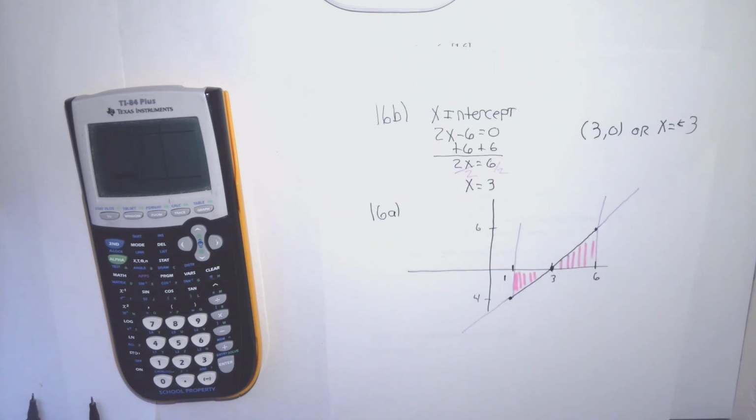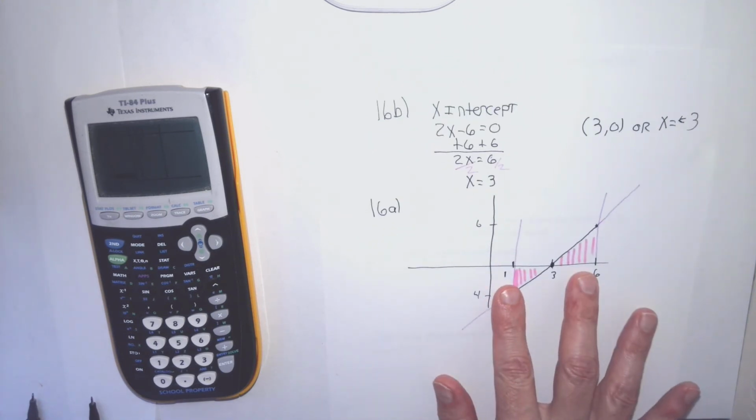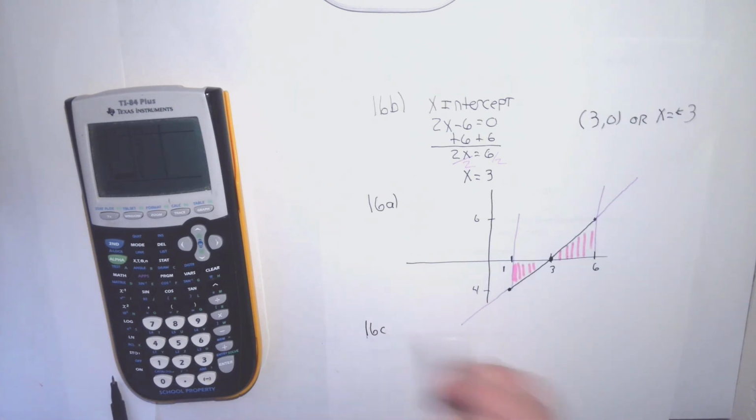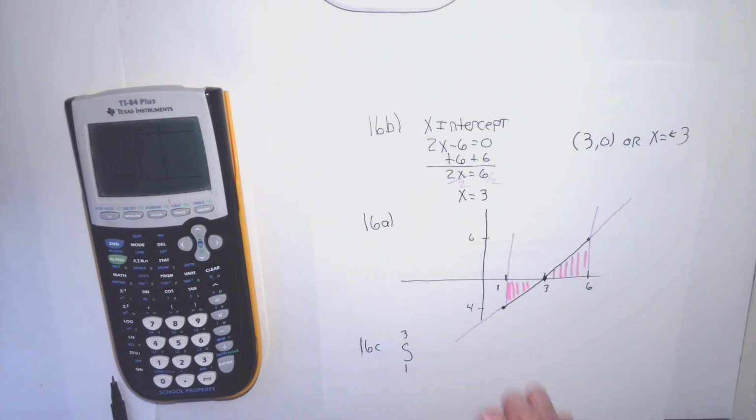Part C wants me to find this gross area. So I need to do 2 integrals in part C by hand. So in 16C, for the first triangle, I'm going to integrate from 1 to 3. The function is still 2x minus 6 dx.